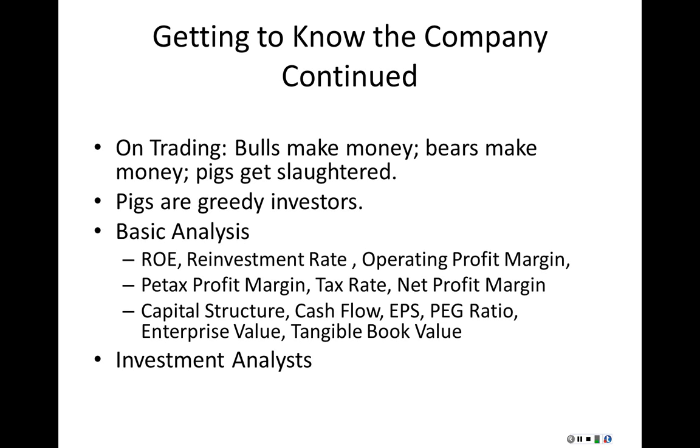It's called the XYZ Company, and there's an income statement for it, a balance sheet, and a cash flow statement. From those three statements, we're going to determine the ROE, the reinvestment rate, the operating margin, and all those good things. I would like you to go to Chapter 3 and understand those ratios and be able to apply them.